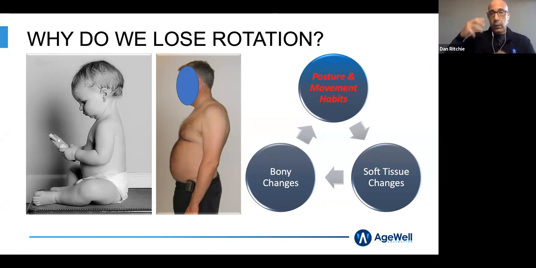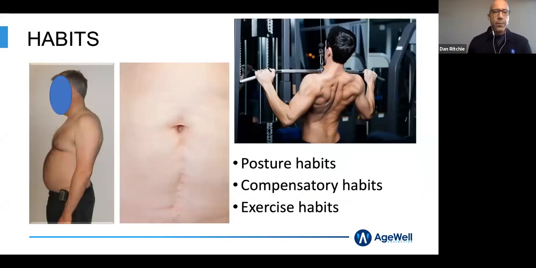Now, what caused us to have certain posture and movement habits? Well, we had posture habits that we just adopted based upon the things that we do in everyday life. So if you sat at a desk, you will assume a very similar posture to my patient there. However, we also have compensatory posture and movement habits, like the scar on my patient here.